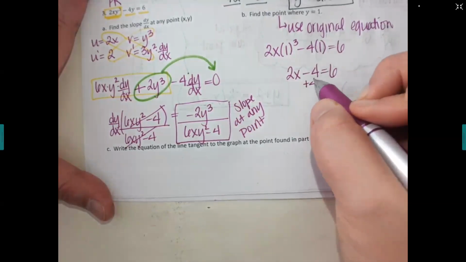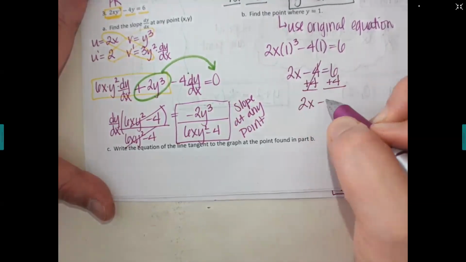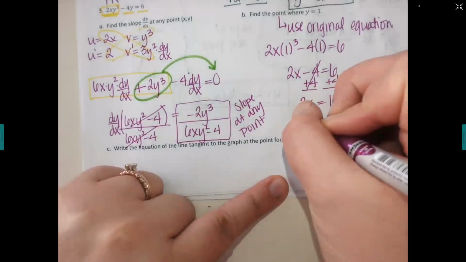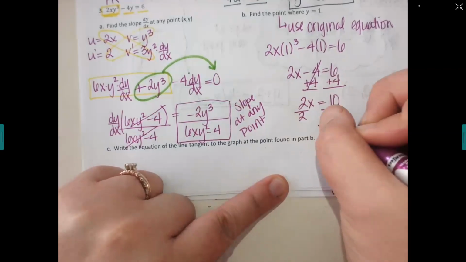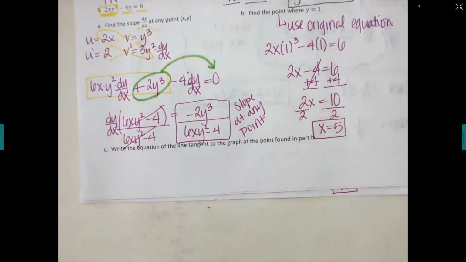Plus the 4 first. 6 plus 4 gives me 2x equals 10. And then divide that 2 across. Now we know that our x has to be a 5. Okay, but you cannot plug in just an x or just a y. You have to have both by the time you get to the derivative.